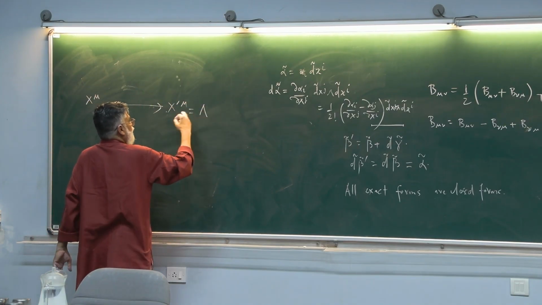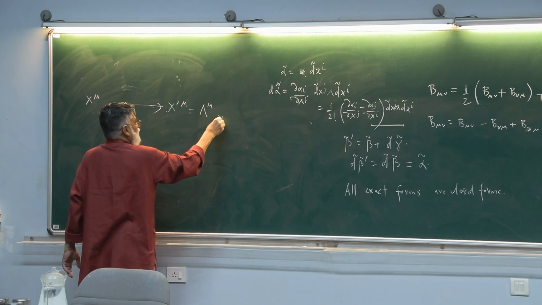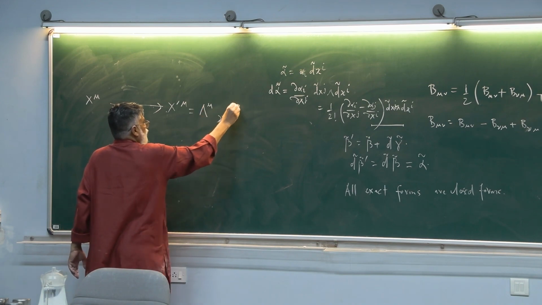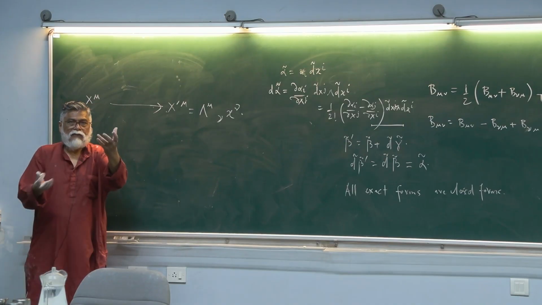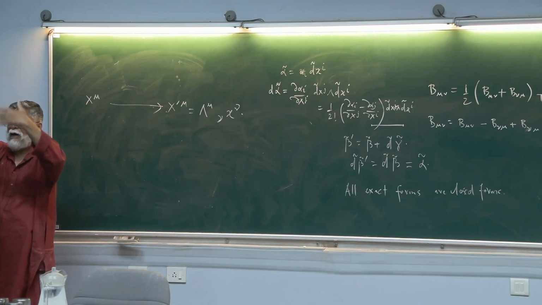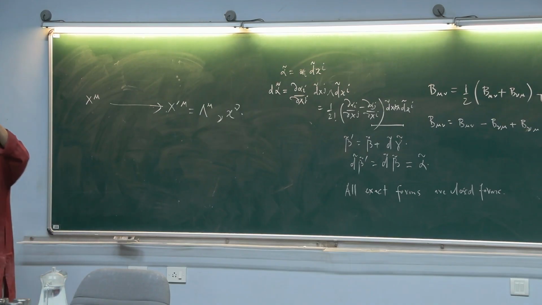Then you know that they are related by the Lorentz transformation, where lambda mu nu are the components, and the v by square root of 1 minus v square by c square, the Lorentz gamma factors, come in. So there is a standard, most general Lorentz transformation, which includes the boost, meaning moving, and also rotation of the Cartesian coordinate system.